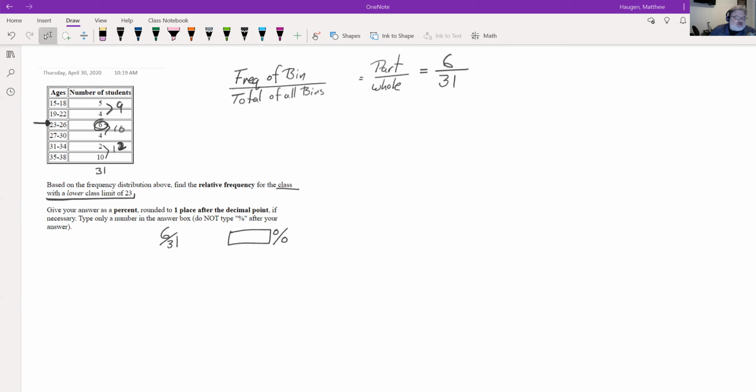So 6 divided by 31 is 0.19, I'm going to say 0.194, which is the decimal form. The percent form would be 19.4%. So 19.4.